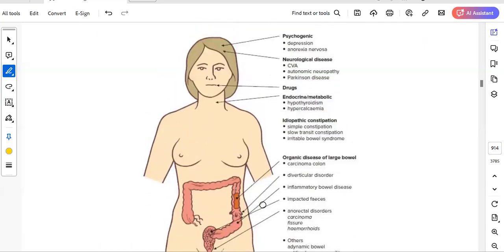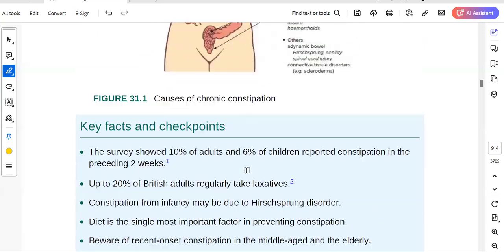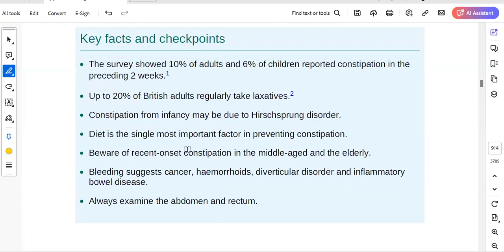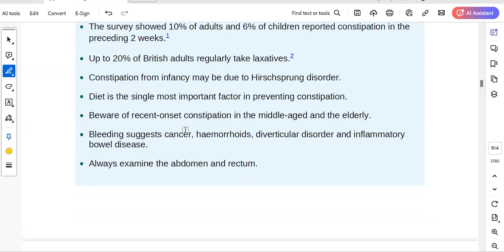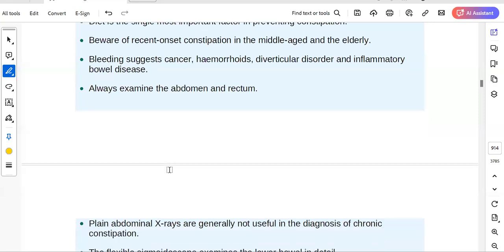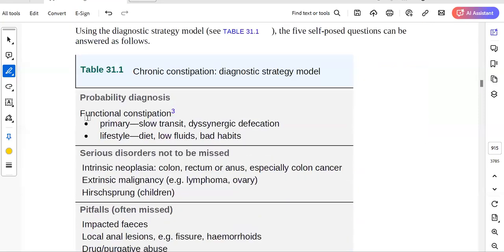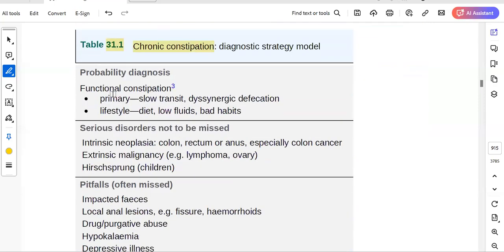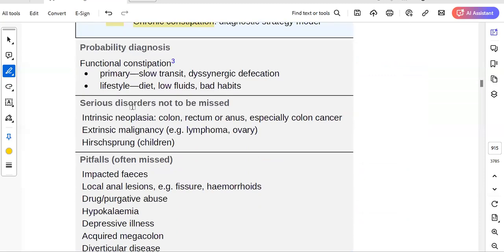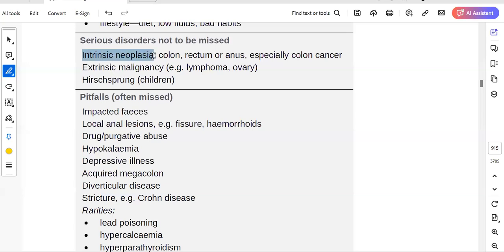There are lots of causes of constipation, which you can go through from here. There is functional constipation. Sometimes even colon cancer can come as constipation. So any recent change in bowel habit, especially in a middle-aged or elderly patient, we are always concerned.